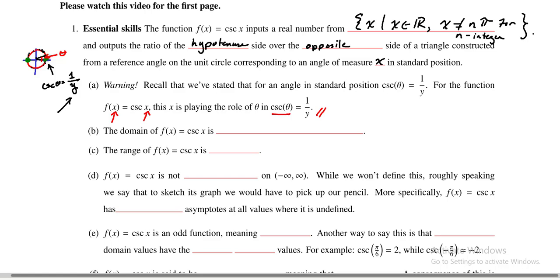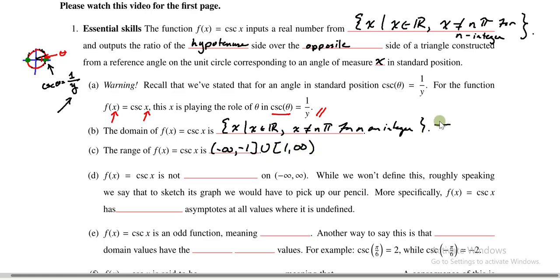I know that's tough. Okay, so let's say it again. What's the domain of the cosecant function? The domain of the cosecant function is a set of numbers x, such that x can be any real number, except that x cannot equal n pi for n an integer. The range of the cosecant function, as we're about to see on the graph here, will be from negative infinity to negative 1, and again from 1 to infinity.